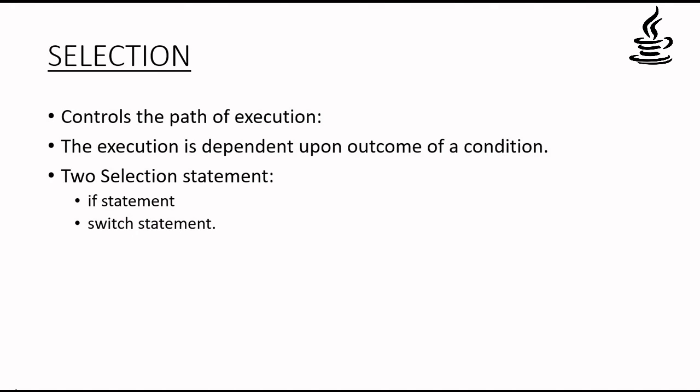The selection statements are basically used to define the conditions and their corresponding execution. Let's say we have different conditions, condition 1, condition 2 and condition 3, and they have their respective statements, that is, the respective execution when they are true.